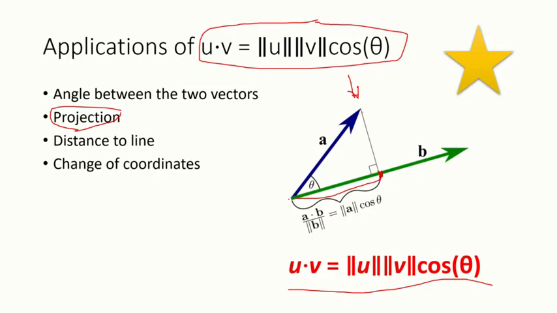It's easy to compute the A and B dot product, and easy to compute the norm of B. So the ratio between them is how long this projection is. So this is a very quick way to compute the length of the projection from one vector to another.